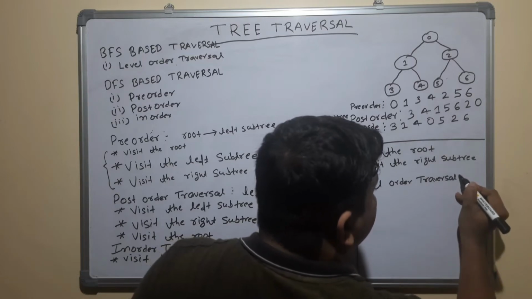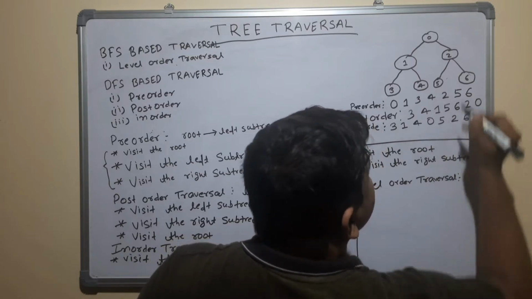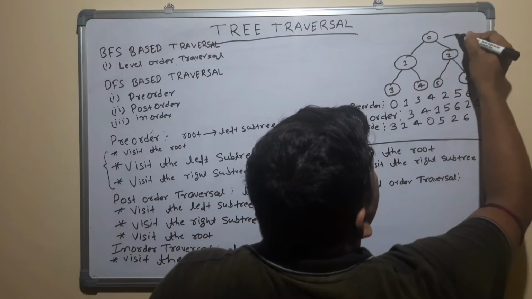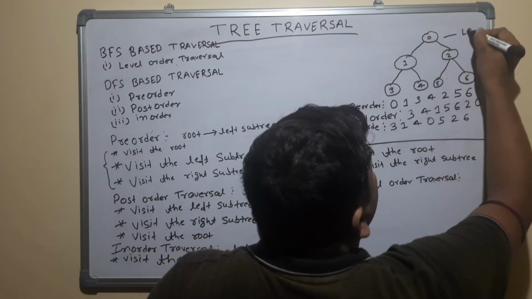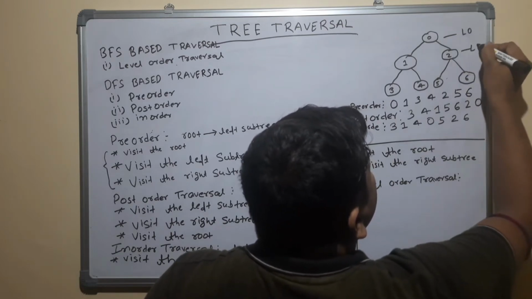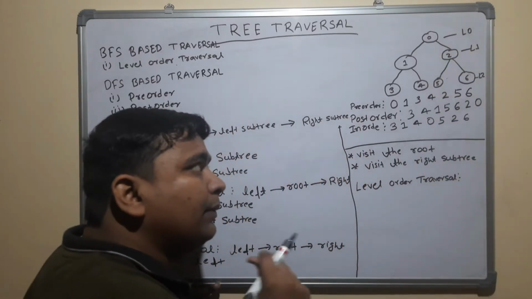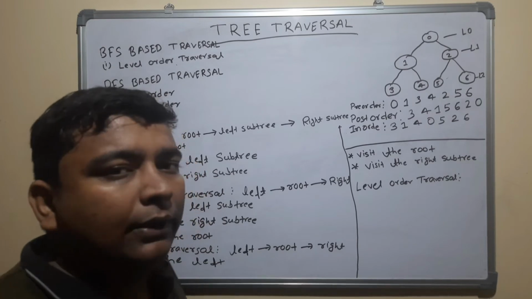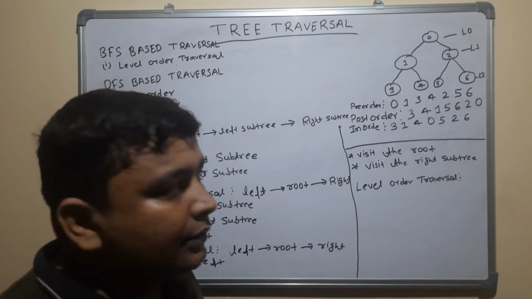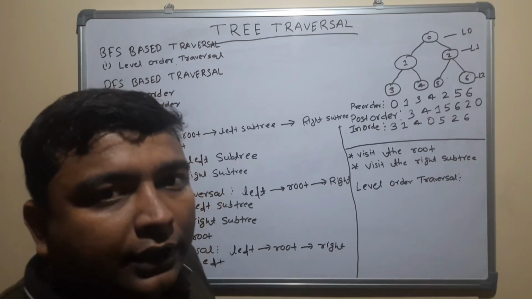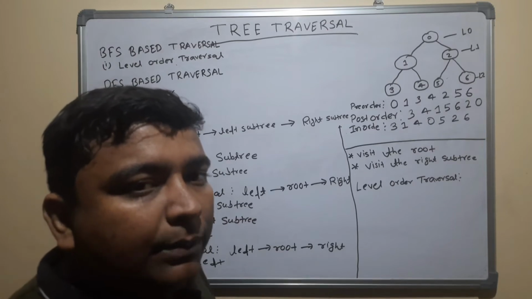Level order traversal. So this one is level 0, this one is level 1, and this one is level 2. In this video I will not discuss levels. I have already discussed levels and tree terminology in a previous video.